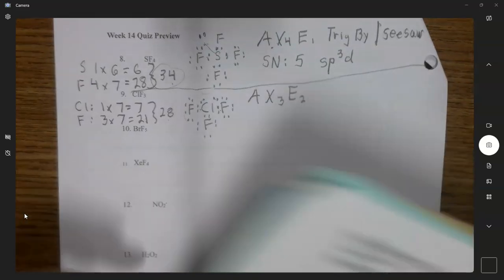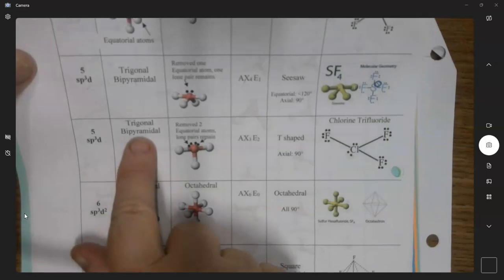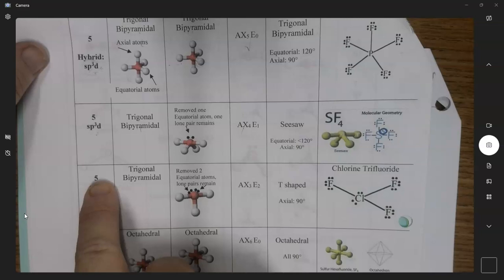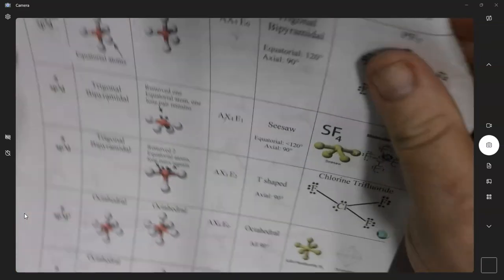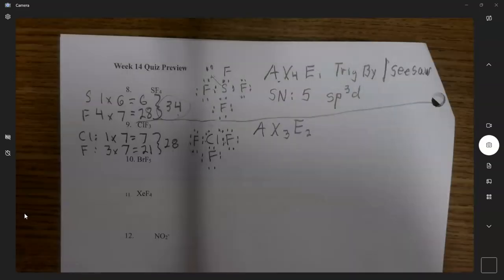We come over here and we see it's still part of the trigonal bipyramidal family because it has a steric number of 5, 5 electron domains, just like the previous 2. So this one's a trigonal bipyramidal family, but it's a T shape.